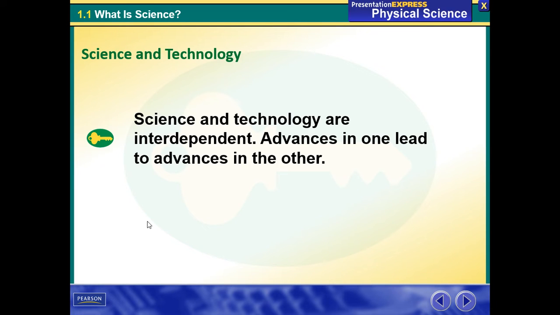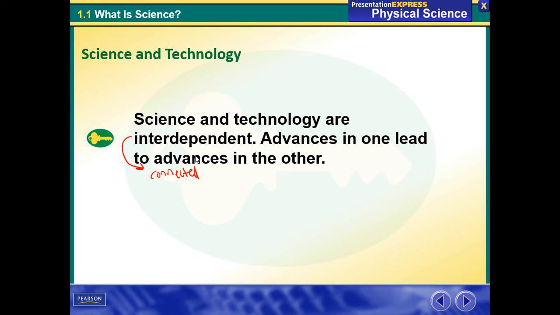The next topic goes into science and technology. What are they? Well, science and technology, first and foremost, are interdependent, which means that they are connected to one another. Advances in one lead to advances in the other. For example, maybe we learned more science about how mirrors work and imaging works, and that knowledge allows us to build the technology of the telescope.